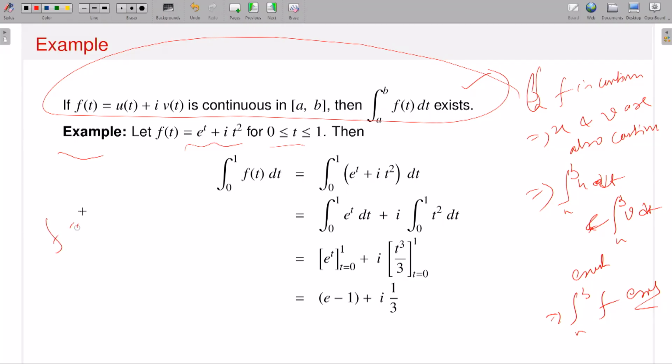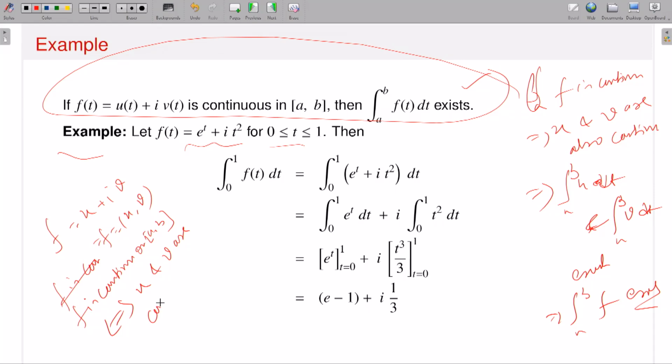Now if I have f equal to u plus iv, there is a theorem, if you remember. You can think of f as u plus iv, or of the form (u, v), it's up to you. Then one can prove that f is continuous on [a,b] if and only if u and v are continuous on [a,b]. That's a theorem you can prove by just using the definitions of continuity of complex valued functions.